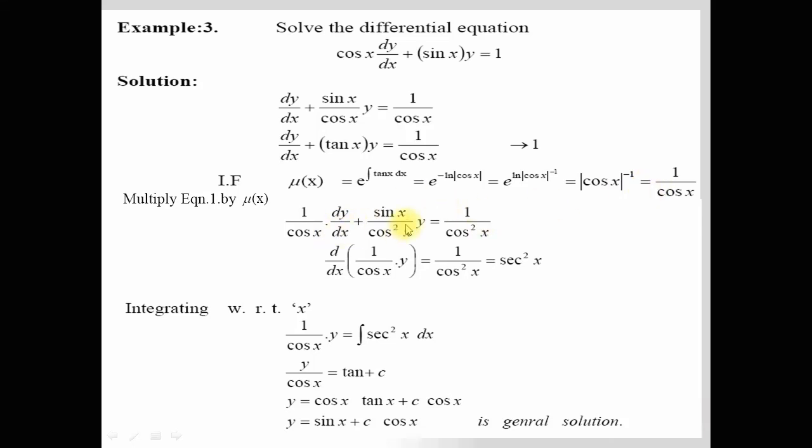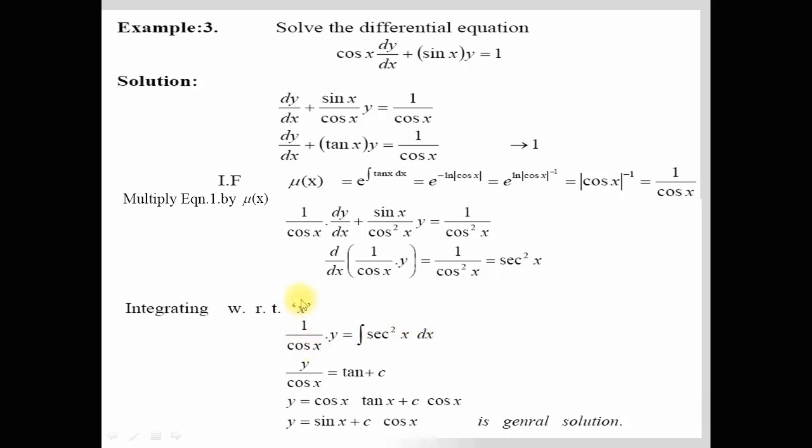So when we find the integrating factor, we can find the solution of the linear differential equation easily using this formula: the integrating factor multiplied by the dependent variable is equal to the integration of the integrating factor multiplied by the q function with respect to x.